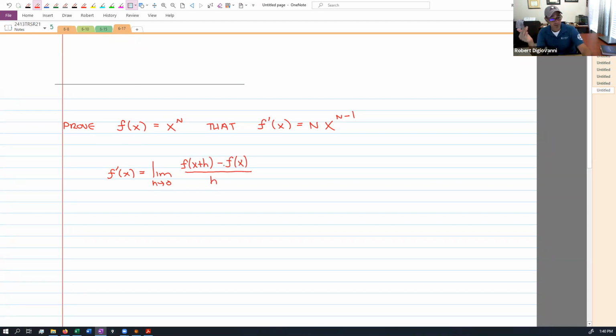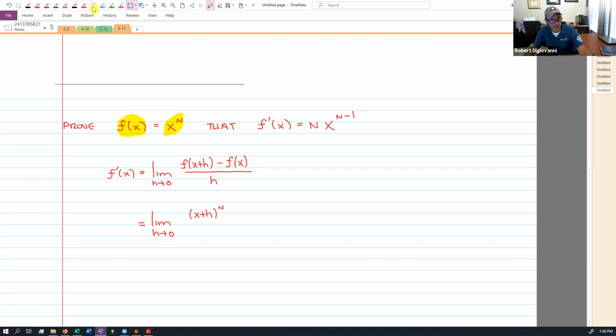Now for us, the function we're dealing with is x to the n, right? That's the function that's been given to us. So that means I need to take the limit as h goes to 0 of f of x plus h, which means you plug x plus h into this function, which means we replace this x with x plus h, which would give me x plus h to the nth power.